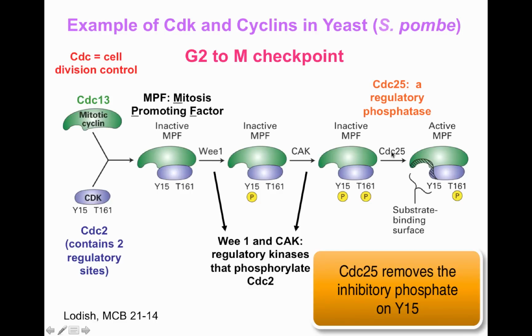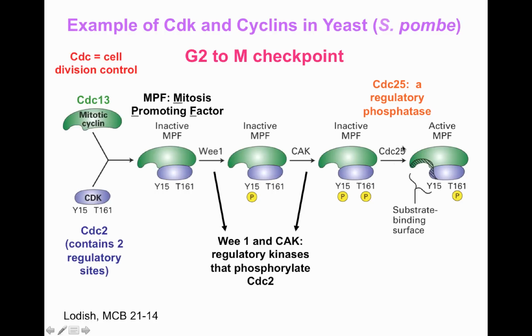Now, CDC25 is the phosphatase, and that's going to remove the phosphate added by WEE1 at tyrosine 15. Once that phosphate is removed, and you have the phosphate present at threonine 161, that leads you to an active mitosis promoting factor, which is then able to phosphorylate and activate other proteins.